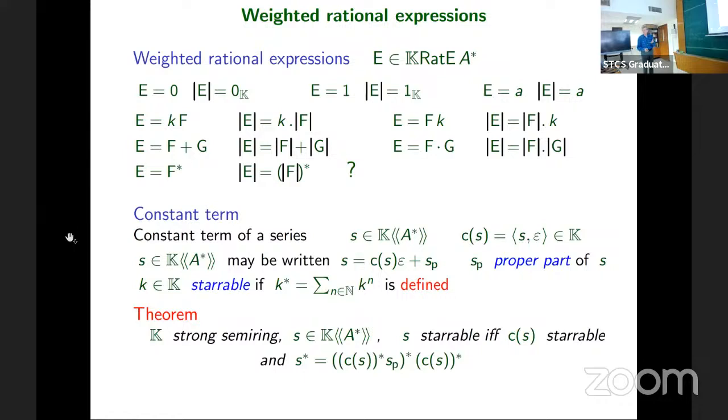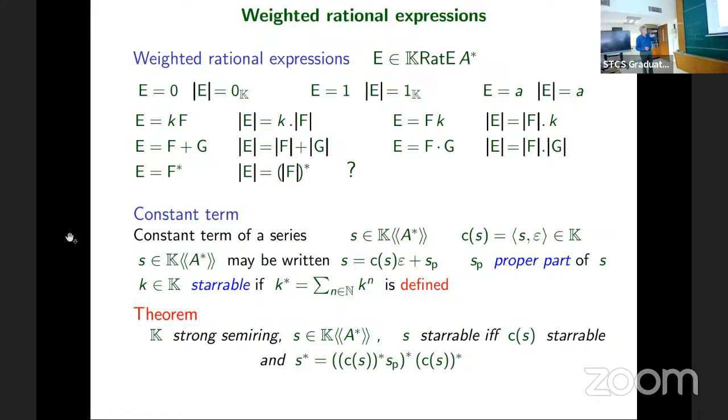the constant term, that is the coefficient of the empty word. Every series we can write as a sum of a proper series, that is a series which is of valuation at least 1, and the empty word with this constant term as coefficient.